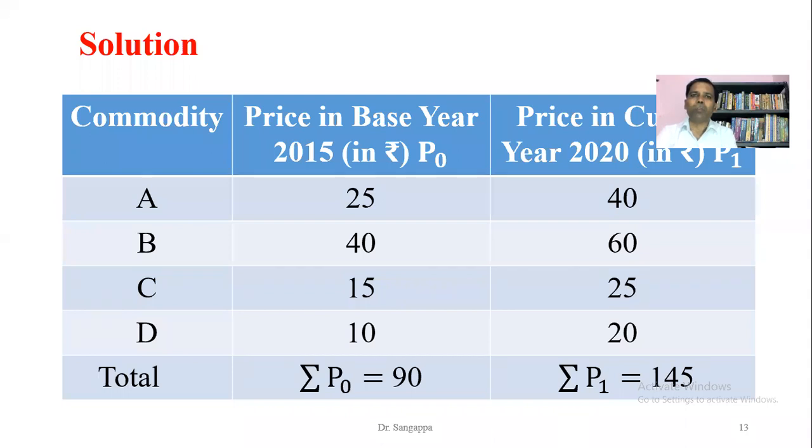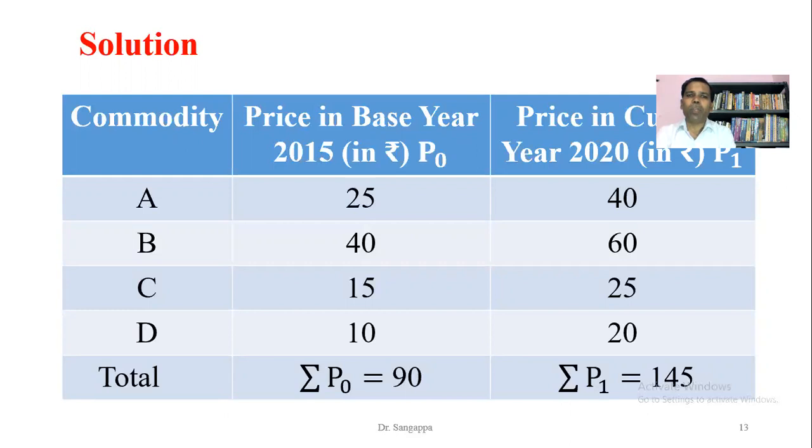Now we can solve this problem. First column, commodity. There are 4 commodities: commodity A, commodity B, commodity C, and commodity D. And second column, price in base year. The base year here is 2015. The prices are measured in rupees.